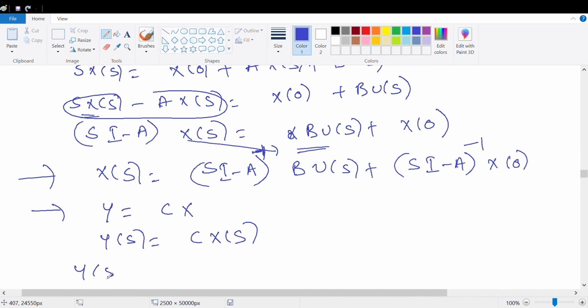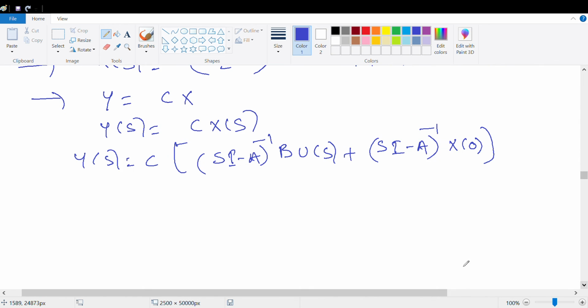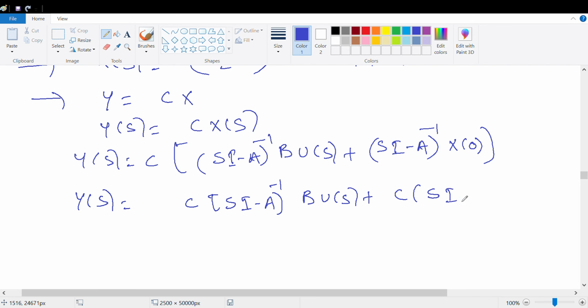Therefore, y of s equals c times x of s, which is c sI minus a whole inverse into b into u of s plus c sI minus a whole inverse into x of 0.